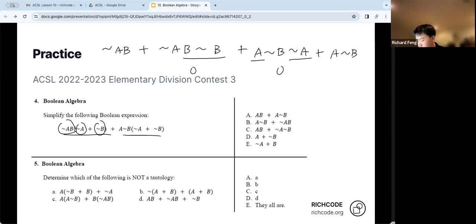So this is equal to not A B, and then the ones that are 0, we can disregard them, or A and not B. So the answer should be B. Yeah, the answer choice just reversed the two expressions.